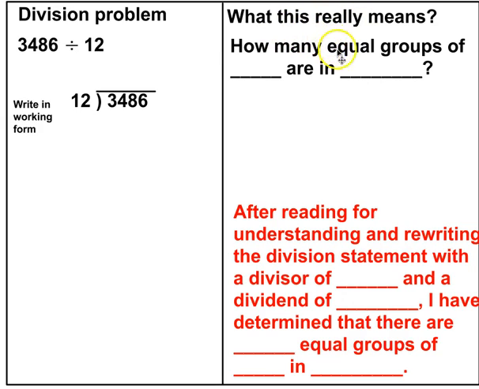What this really means is, how many equal groups of 12 are there in 3,486? And my divisor is 12.